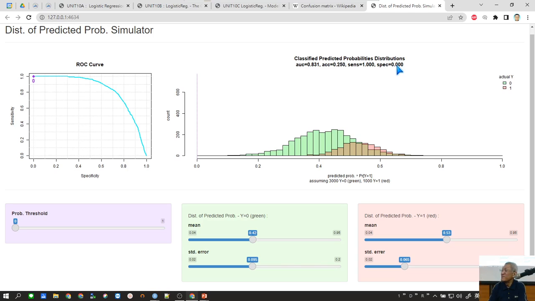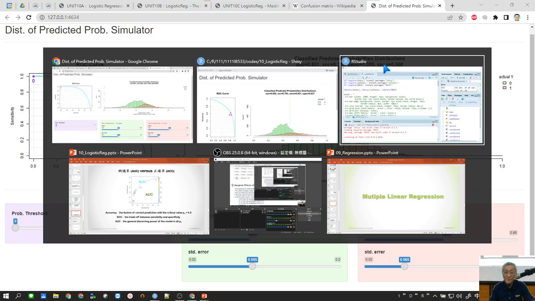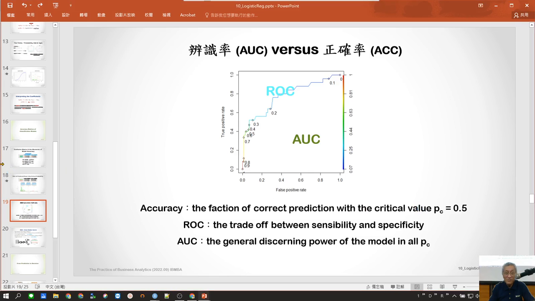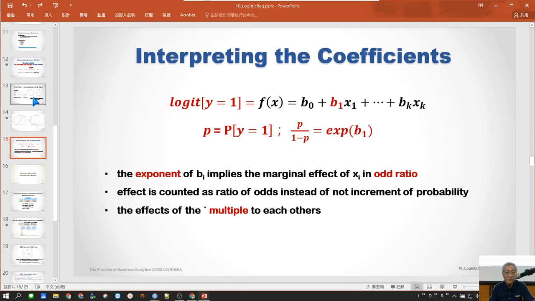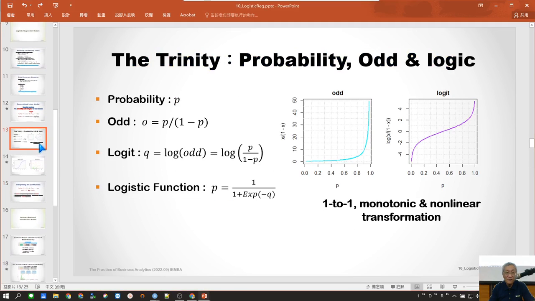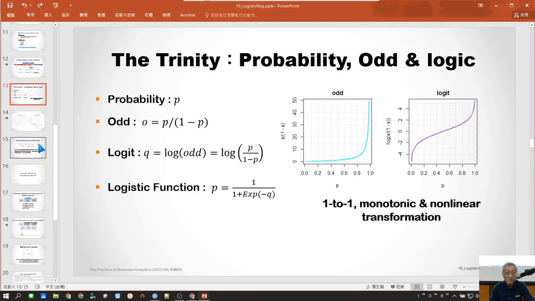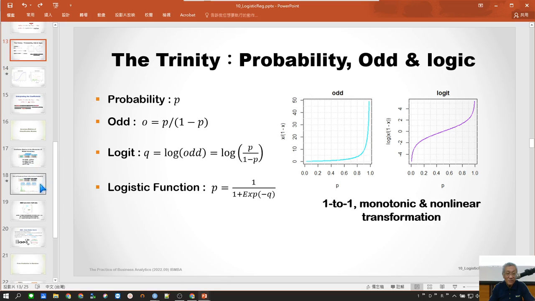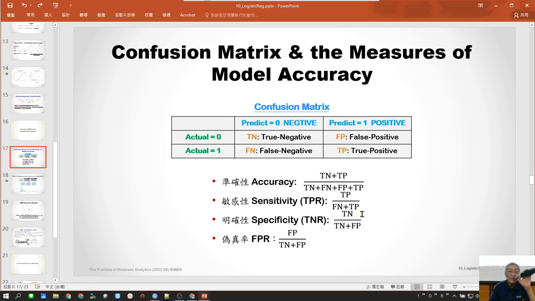You can see that, right? According to the definition, right?